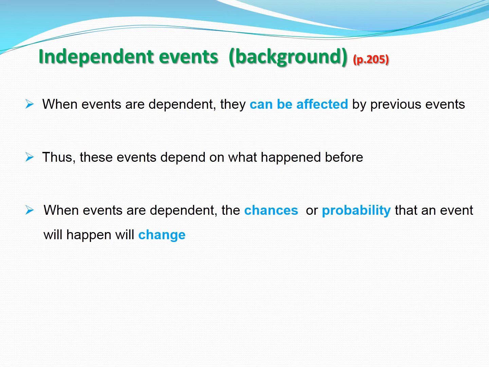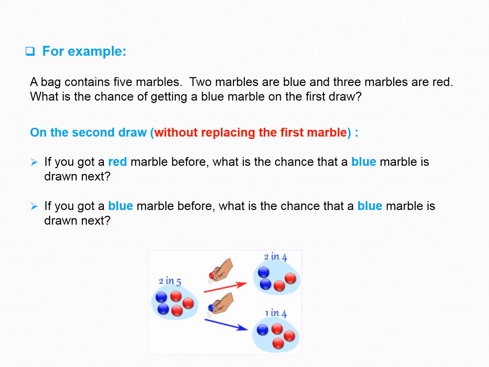For example, let's say that we have a bag containing 5 marbles. 2 of the marbles are blue and 3 of the marbles are red. Your chance of drawing a blue marble on the first draw will be 2 over 5. But if you do not replace that first marble and you draw another marble, then your chance of drawing a blue marble will change.